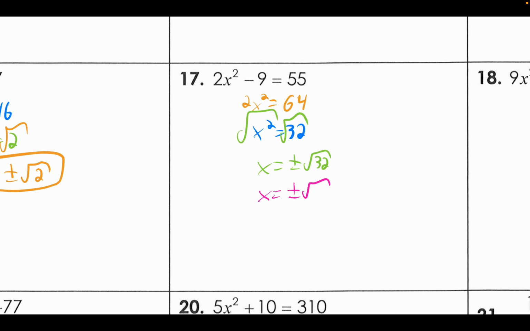It's positive negative square root of 16 times the square root of 2, which becomes positive and negative 4 square root 2. And then this is our answer. So the right side, once we get to this point, we're doing the exact same thing we did on the previous page. We just had this plus or minus in front, and we had to isolate our squared term beforehand.